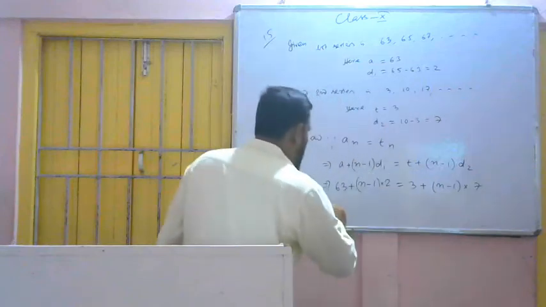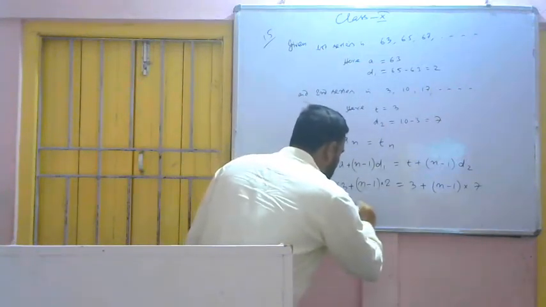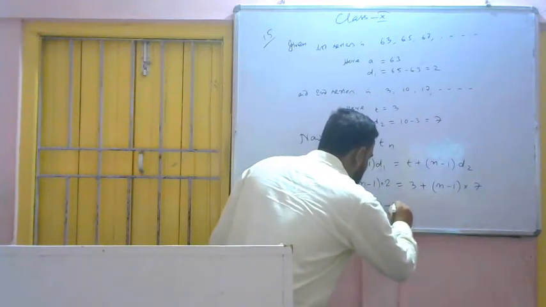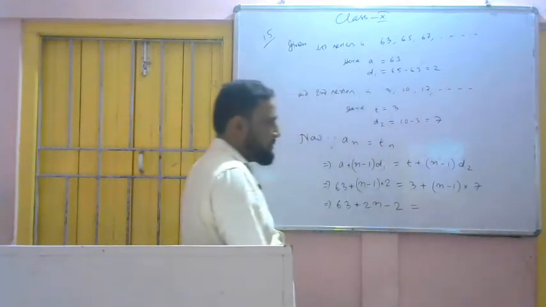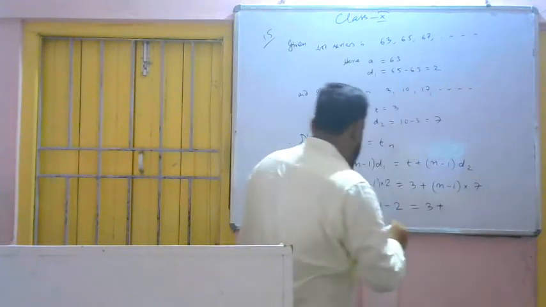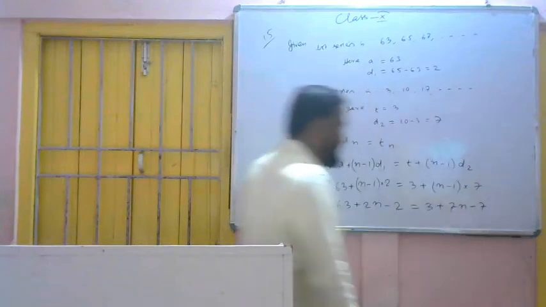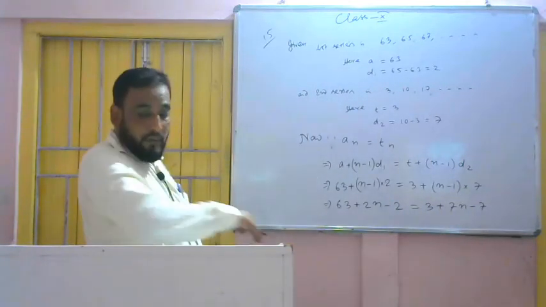Okay? Then this implies 63 plus 2n minus 2 is equal to, like this, 3 plus 7n minus 7. Okay? Now we have to find out n.